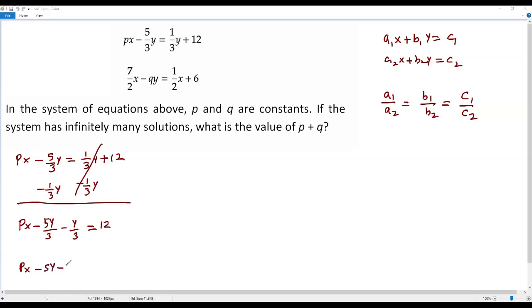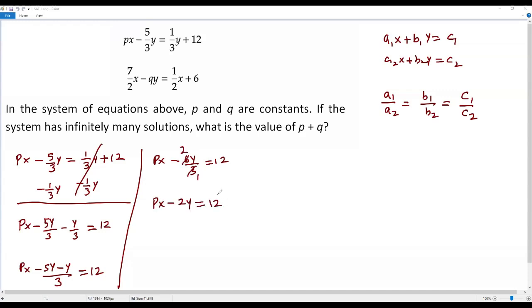That is px + (-5y - y)/3 = 12. Here when I combine -5y and -y, I am getting -6y divided by 3 equals 12. Here 3 goes into 3 one time, 3 goes into 6 two times. I am getting px - 2y = 12.